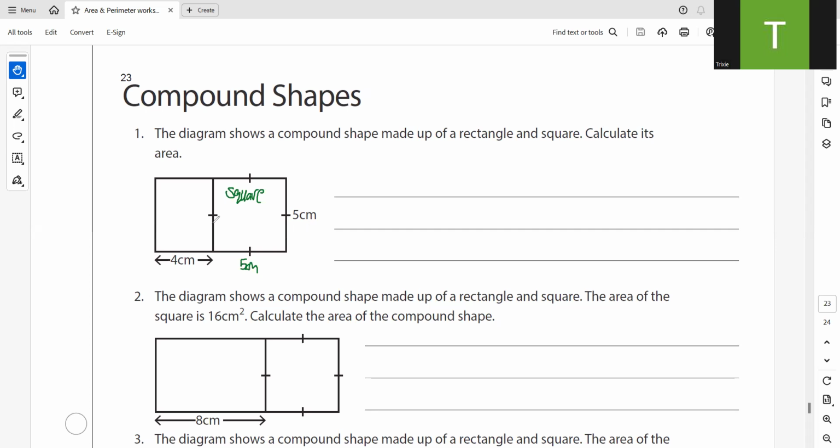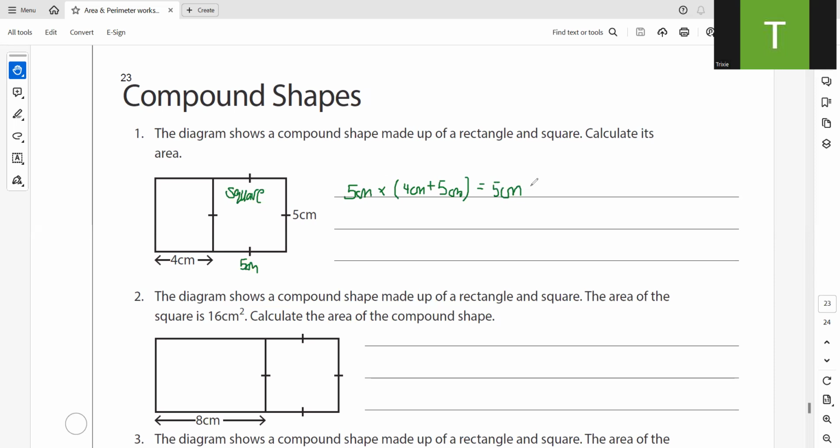Now to calculate the area of this compound shape, you need to use the length times the height. The height is 5 cm, and then times the length, which is 4 cm plus 5 cm.